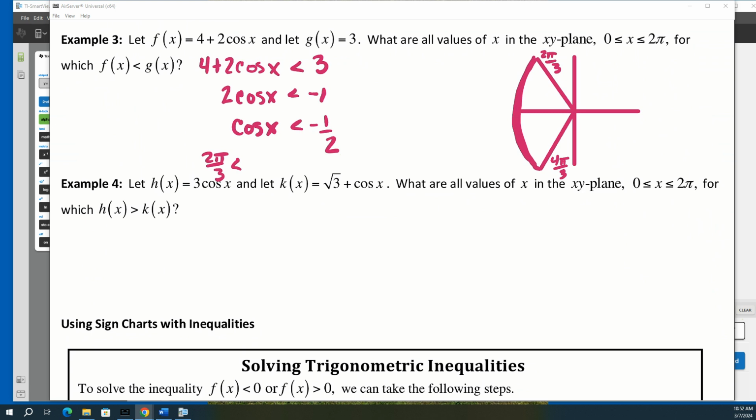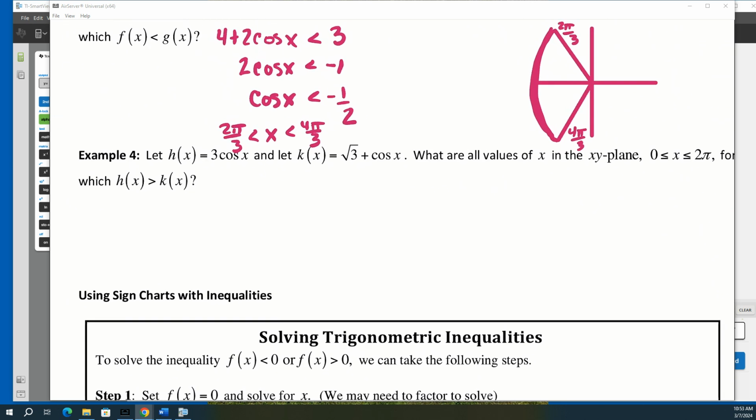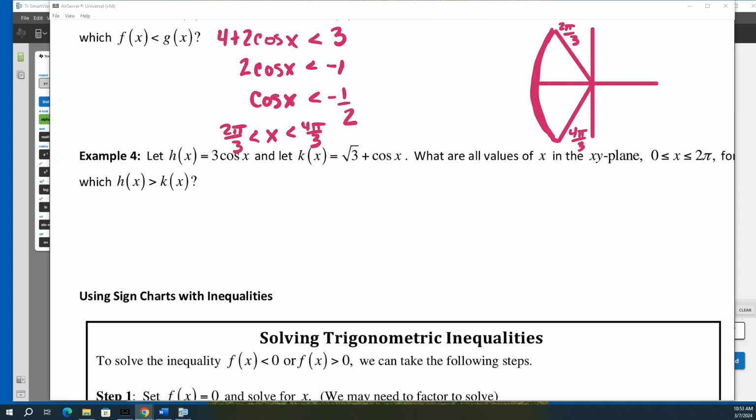Our variable this time is x, less than 4 pi over 3. You guys feel okay? Okay, let's do another one. So for example 4, we have h and k this time, and we want to find when h is greater than k.